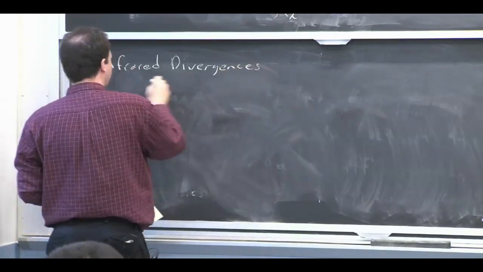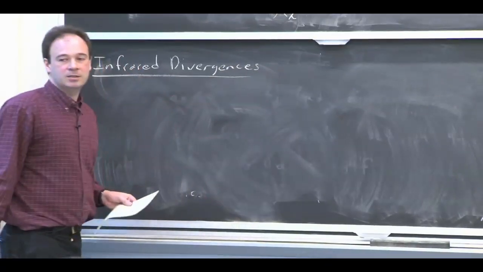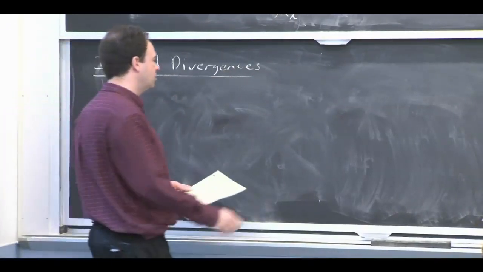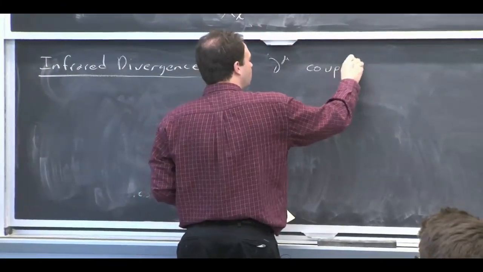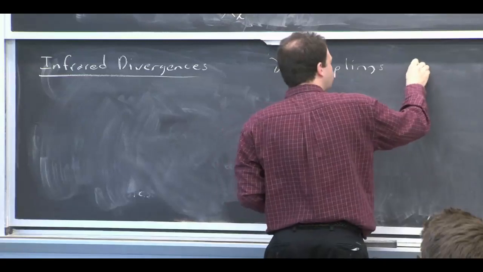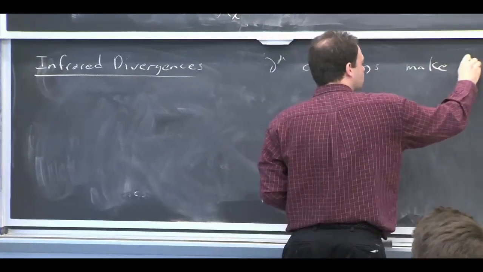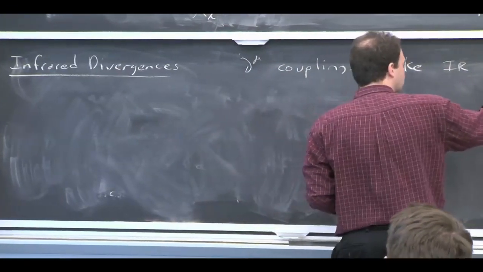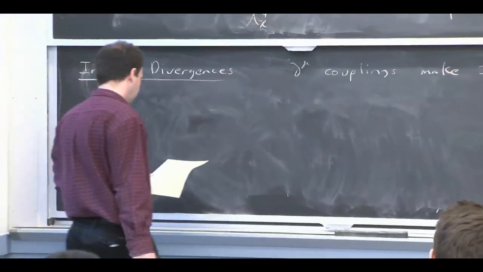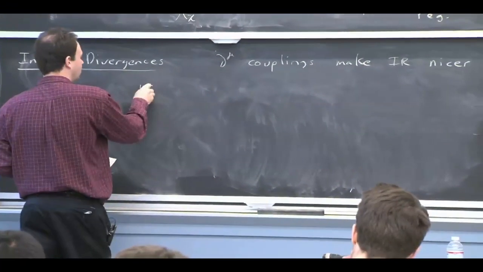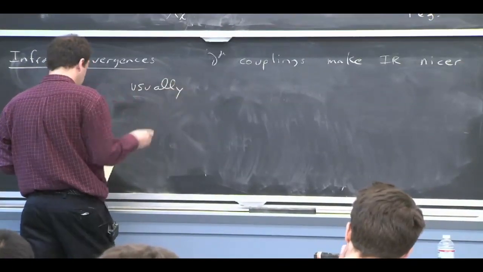Another thing that's different about chiral theories versus gauge theories is the structure of infrared divergences. And that's because you have derivative couplings. So you have many fewer infrared singularities than you have in gauge theory. And in fact, you usually don't have any.